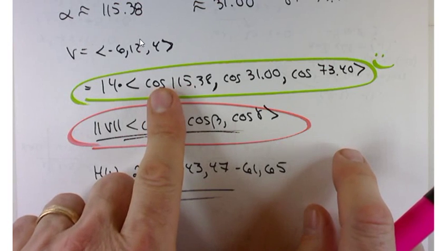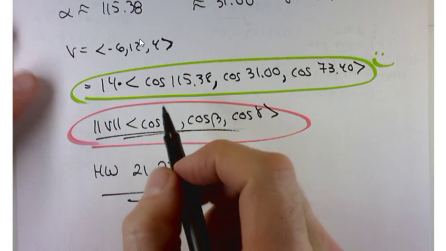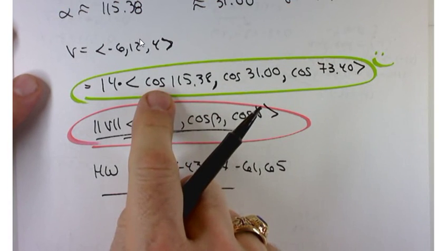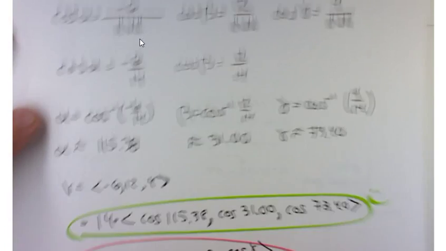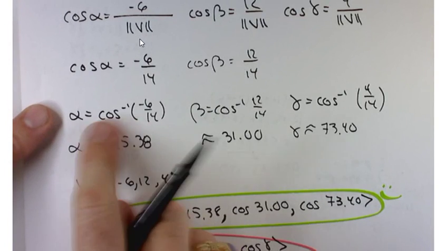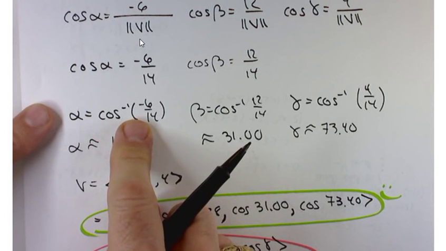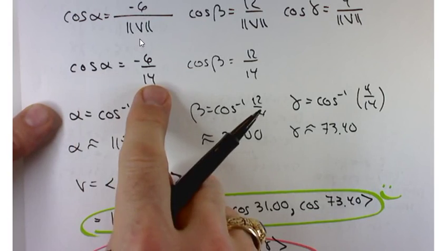But if you were to unravel this and say, well, gee, that just doesn't look right, then to show yourself that this is actually what I claim it is, let's realize where I got alpha from. Alpha is the inverse cosine of negative 6 over 14. So if I take the cosine of alpha, I should get negative 6 over 14.